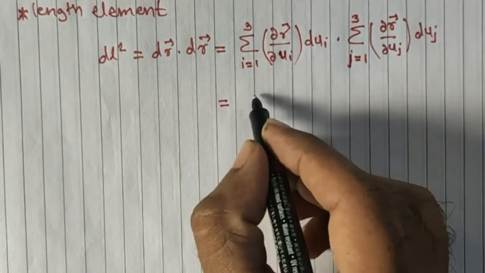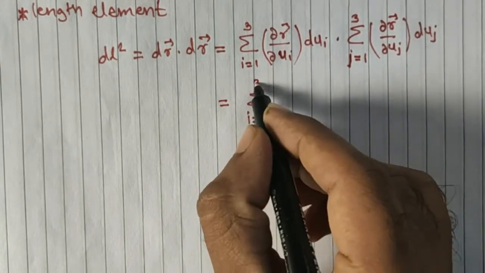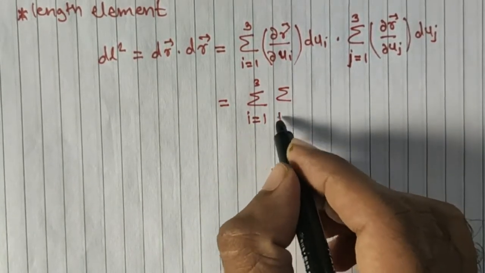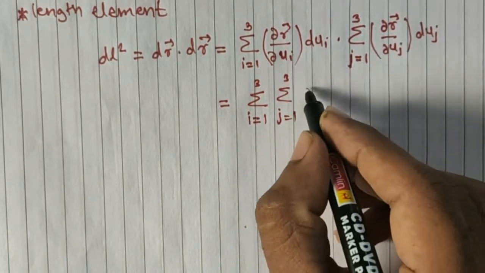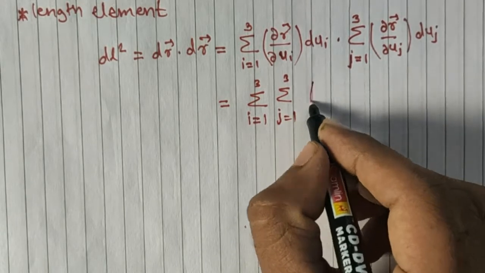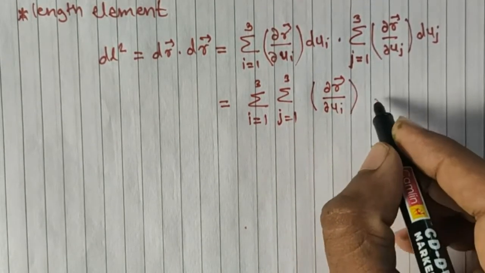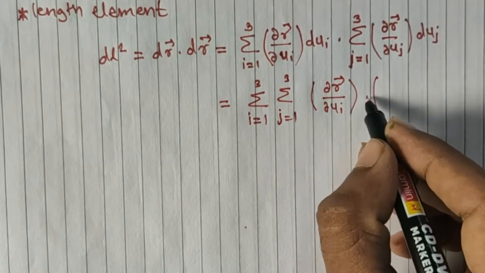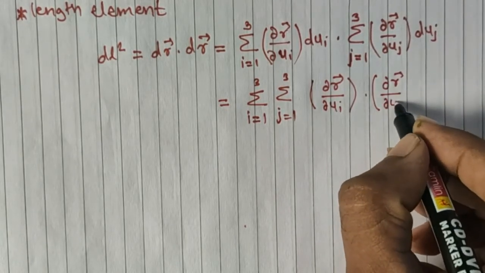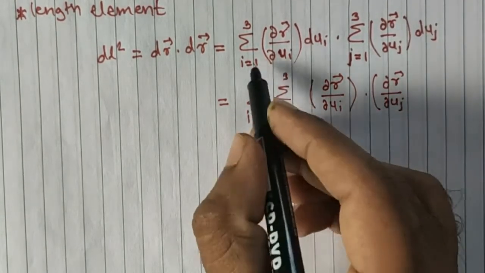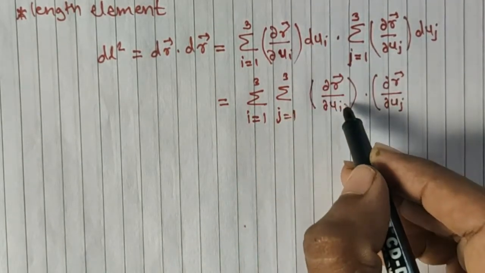Next I will collect the terms. I will collect the summation over i running to 3 and summation over j running from 1 to 3. Then I will collect the partial derivative terms, delta r bar by delta ui. This is a vector, so dot product between the vectors. So I am going to put dot here, delta r bar by delta uj. Now in this term, you can see first summation is here, second summation is here, first partial derivative is here.